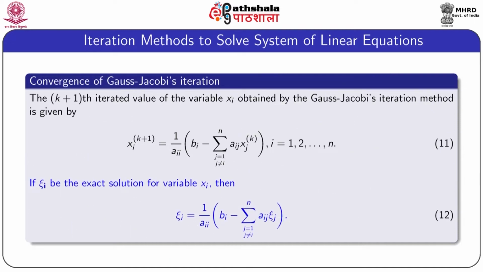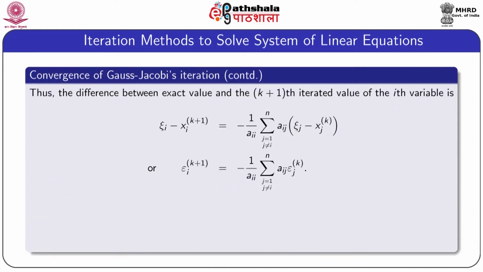If xi is the exact solution for the variable xi, then from equation 11 we can write xi equal to 1 by aii into bi minus summation j equal to 1 to n, j not equal to i, aij xj. That means in 11 we replace xj^k and xi^(k+1) by xj and xi.